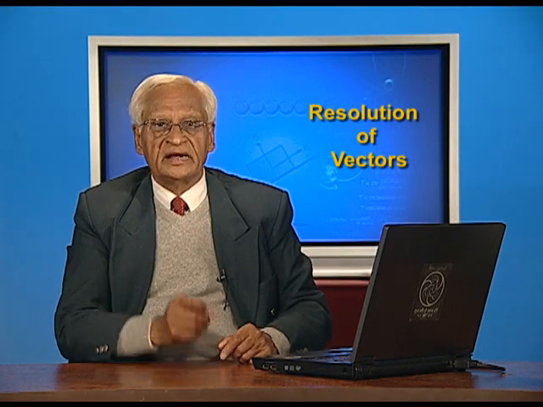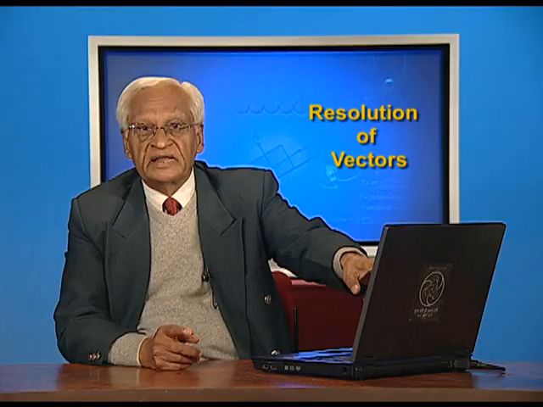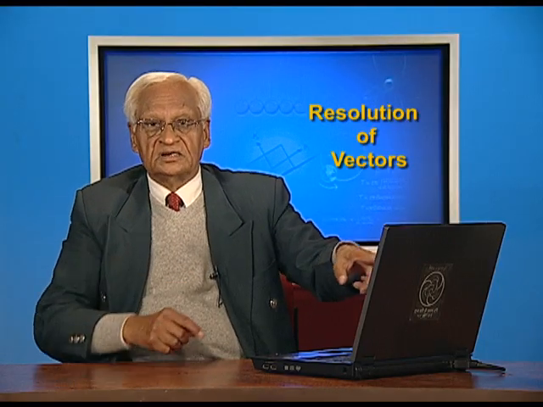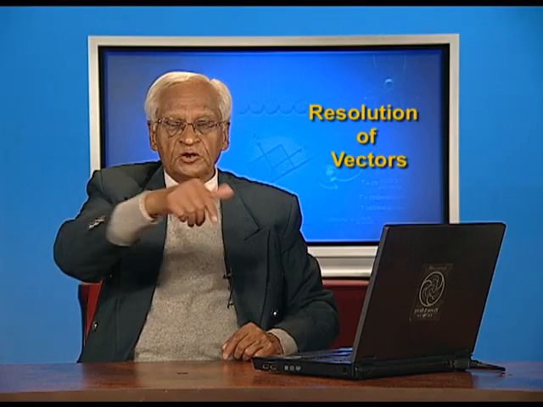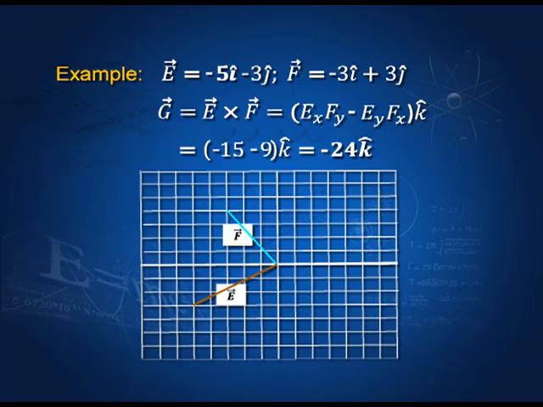Therefore, vector G has to be perpendicular to this plane, that is in the z direction, and you can find that vector G is given by Ex Fy minus Ey Fx times k cap, and if you use the values of Ex, Ey, Fy, Fx, etc., then you can get minus 24 times k cap. That means now it is in the minus z direction, and you can work out by the right hand screw rule that I have told you already that E cross F would be in the minus z direction.